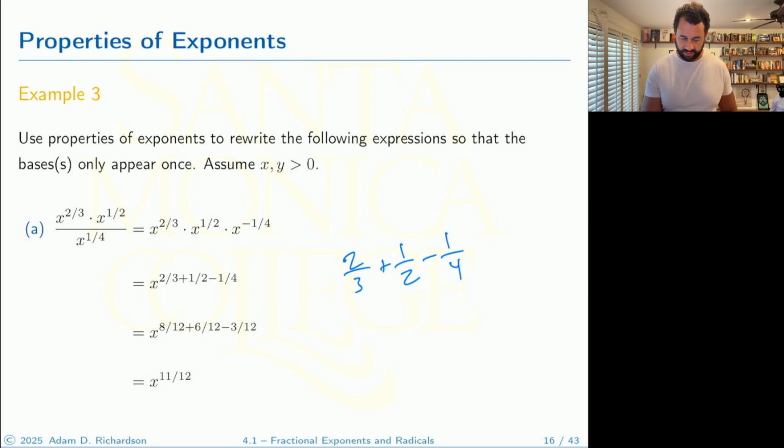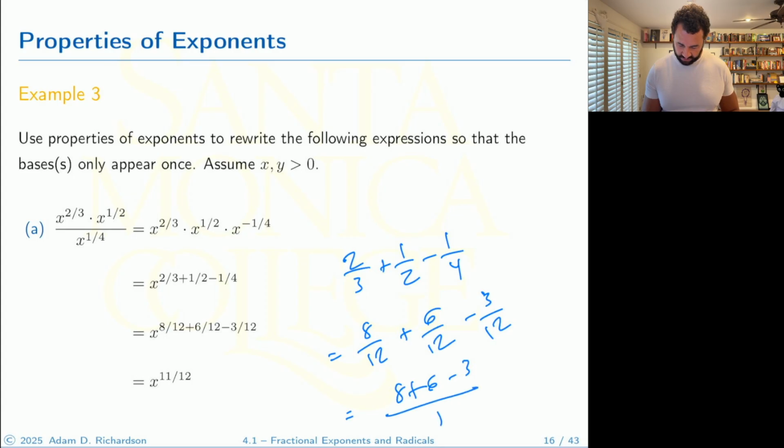In this case, the common denominator is 12. So I wrote it as 8 over 12 plus 6 over 12 minus 3 over 12, which is going to be 8 plus 6 minus 3 over 12, which is 11 over 12, just like that. So what is this mess here? It's just x to the 11/12. That's it. Yep, that's it.